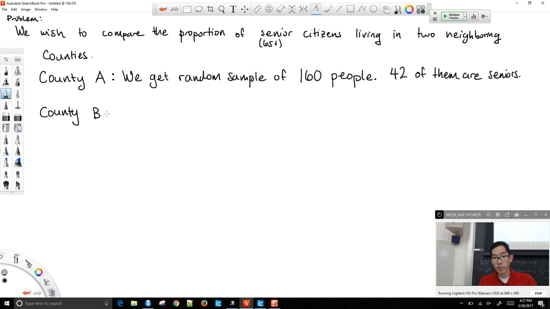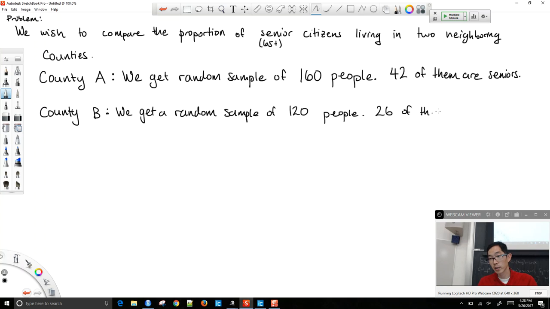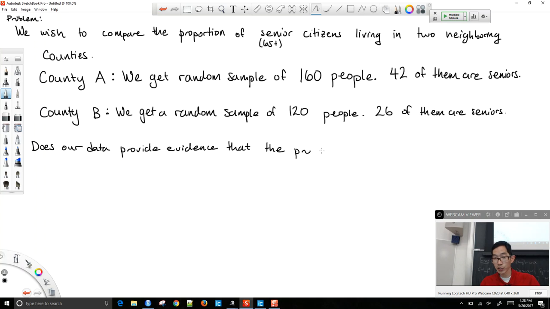County B, somehow we get a random sample of 120 people, and 26 of them are seniors. Our question is, does our data provide evidence that the proportions of seniors are different for the two counties?